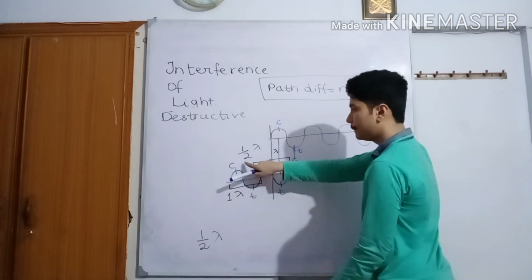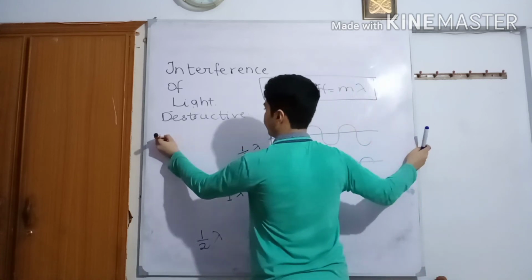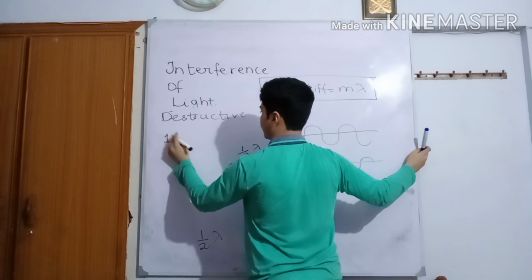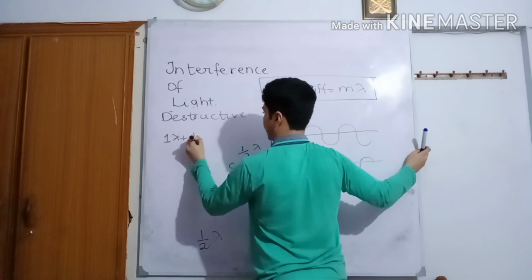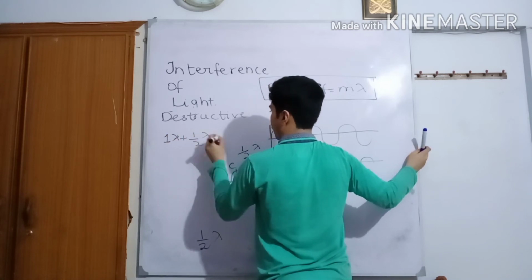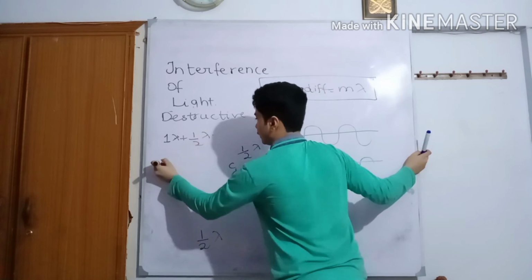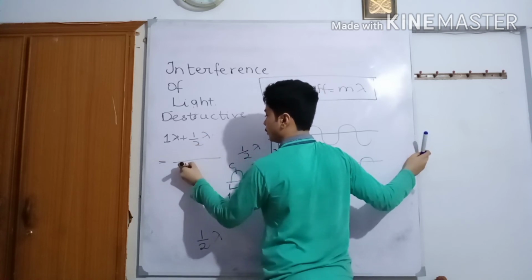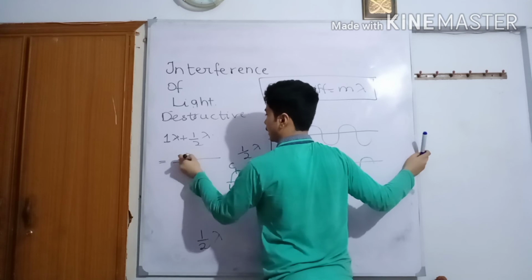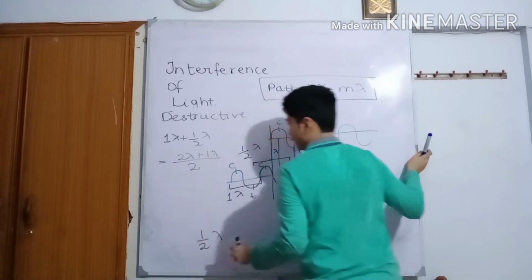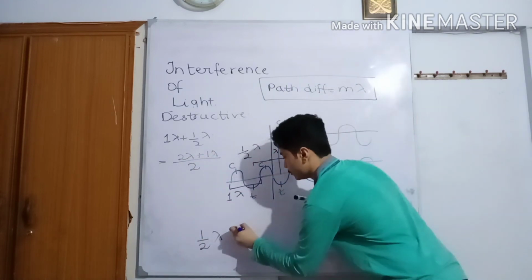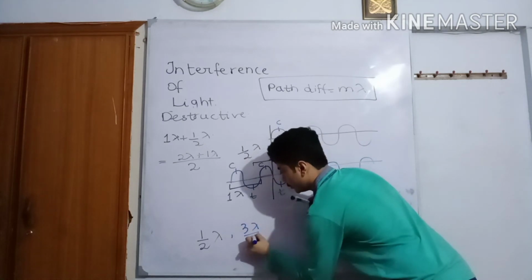So 1 lambda plus half lambda, let's calculate it. You can take LCM. 2 lambda plus 1 lambda is equal to 3 lambda divided by 2.